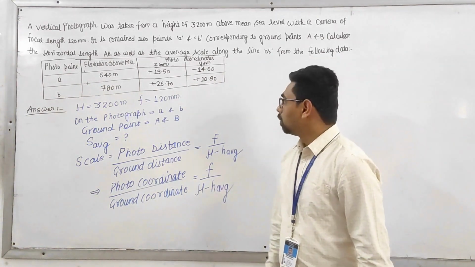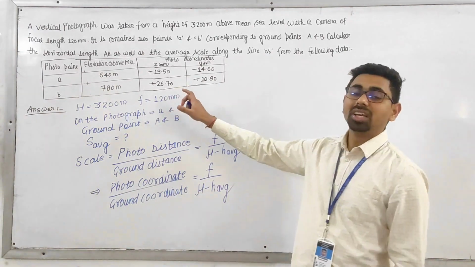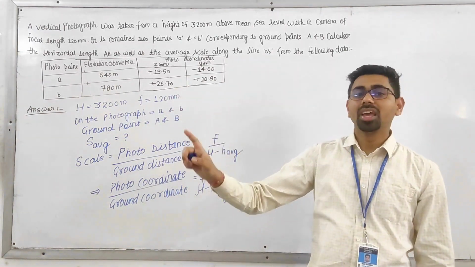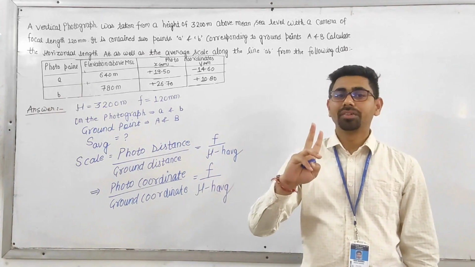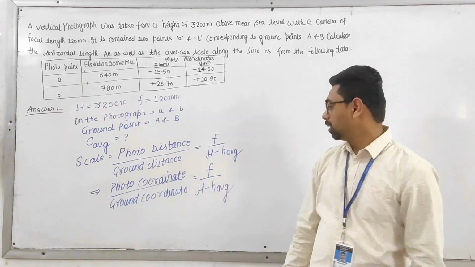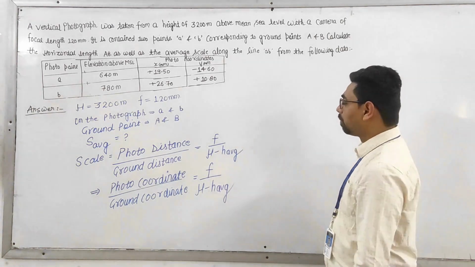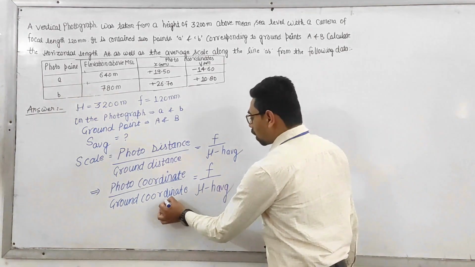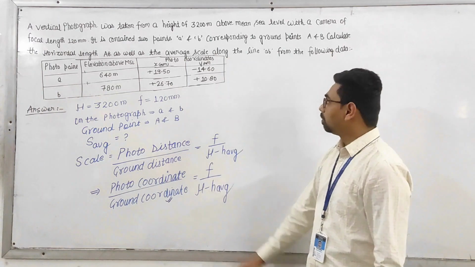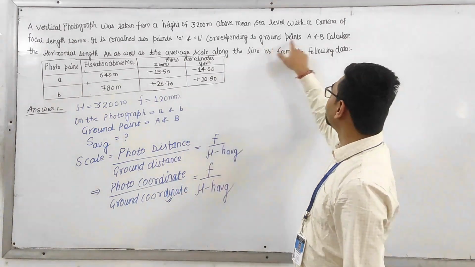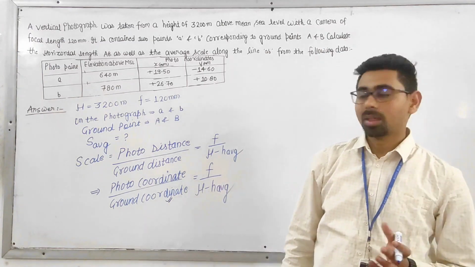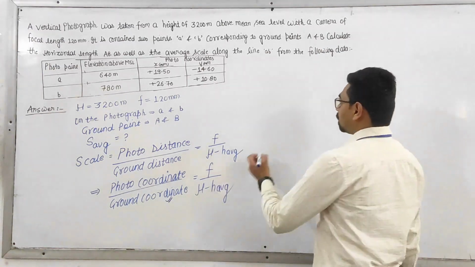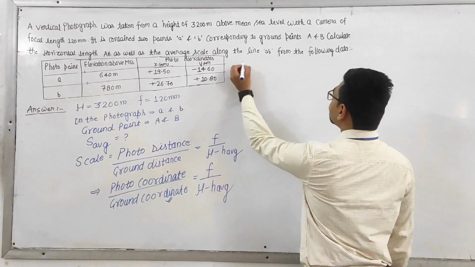We have two ground coordinates XA and XB, and two Y coordinates YA and YB. If we know the ground coordinates, then we can calculate the corresponding distance between A and B on the ground. Let's start with the first coordinate.